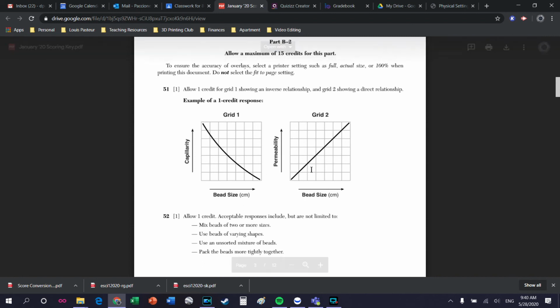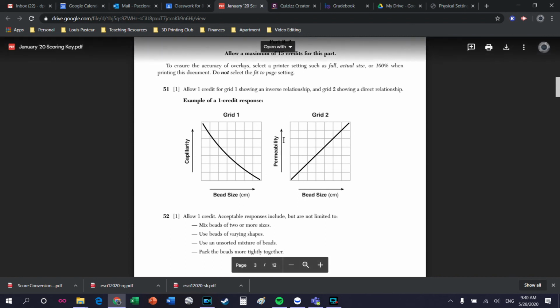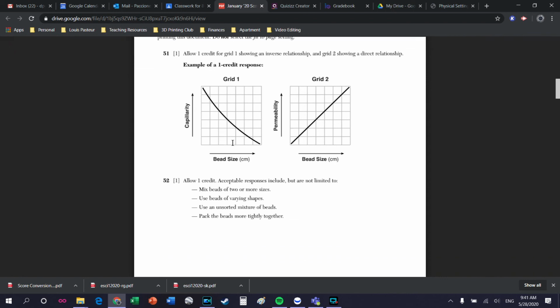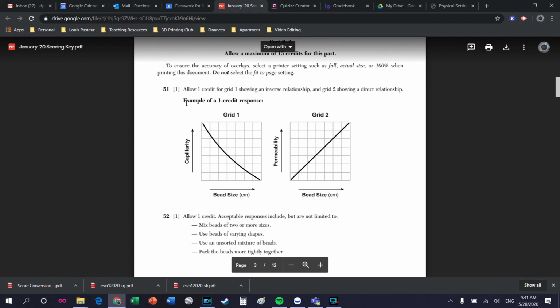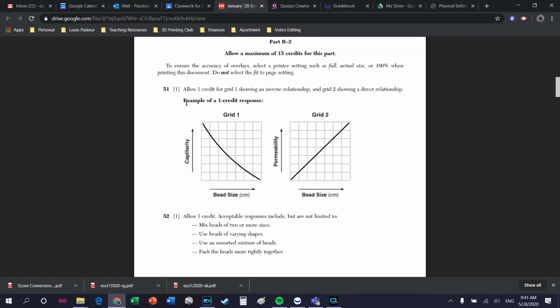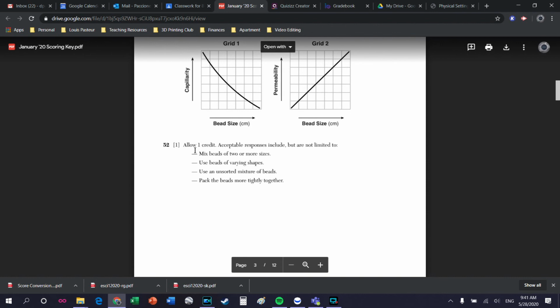Okay, so if yours doesn't look exactly like this, you can't give yourself the 1 credit. It's a 0, unfortunately. Okay, so that's an example of a question where it's very straightforward. Either it looks like this or it doesn't, and you get the credit or don't get the credit.